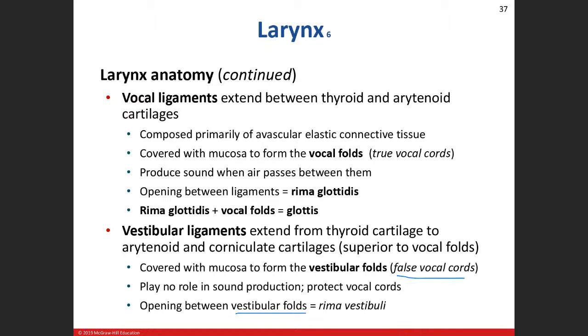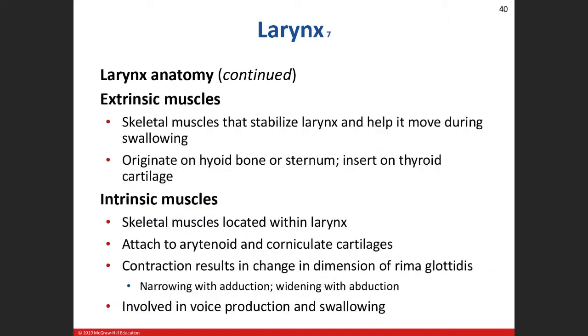All right, let's finish up and just talk about a few of the muscles here and then what makes noise. Like I told you, we have two types of muscle groups when we're talking about the larynx. We have the extrinsic and the intrinsic. The extrinsic are going to be the more superficial, closer to the surface of your skin. And so they're going to play a large role with swallowing.